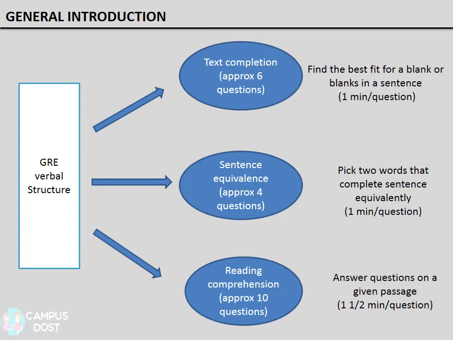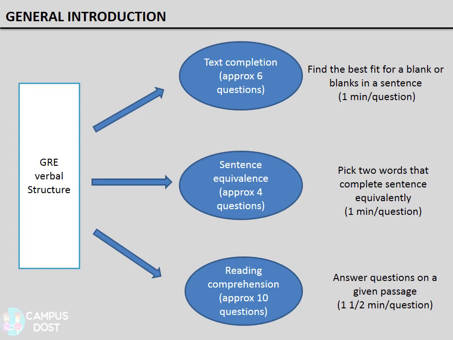Next is verbal. In verbal, the first one is text completion, and there will be approximately 6 questions in it. You have to find the best fit for a blank or blanks in a sentence, and it will take 1 minute per question. Next one is sentence equivalence, and there will be approximately 4 questions in it.